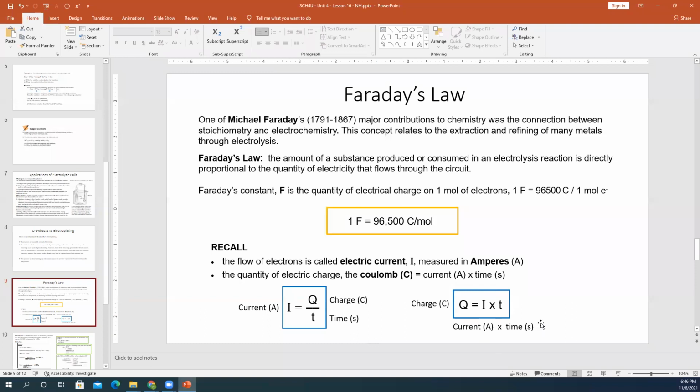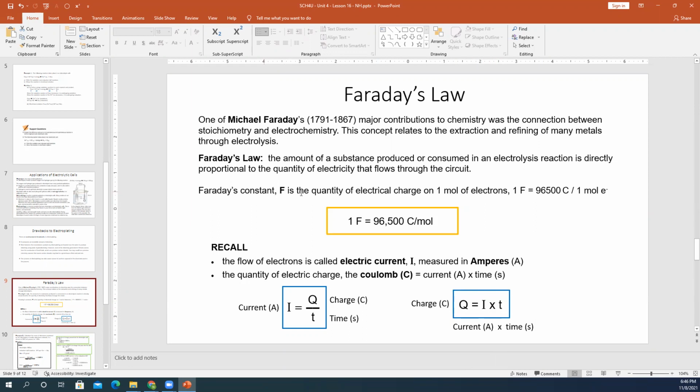That means these two equations. In these two equations, you can see there's a relationship between the amount of charge, and that's equal to the amount of current multiplied by time.